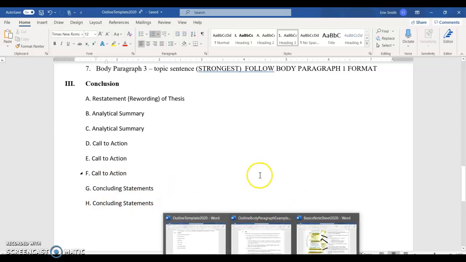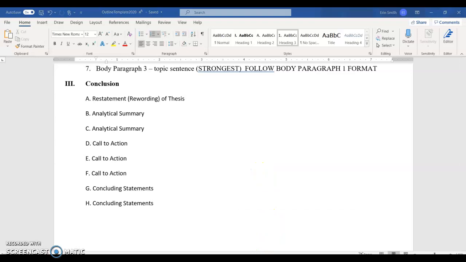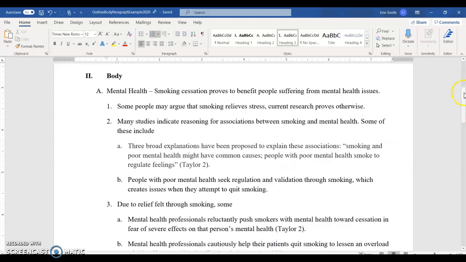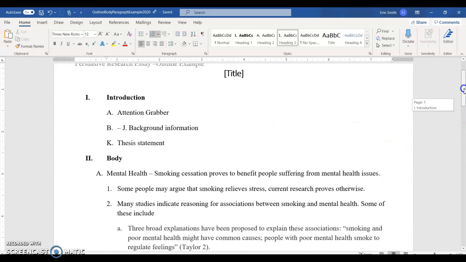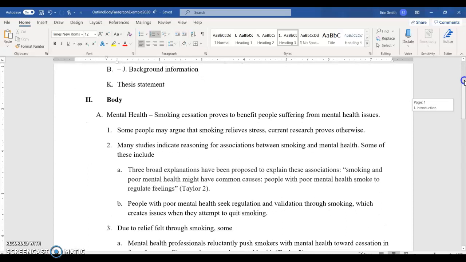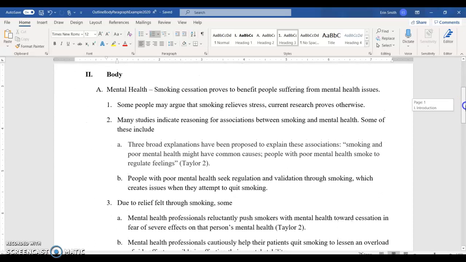So I will put this on Seesaw and my CMH. And I also did a sample body paragraph for you based on smoking cessation, my same topic. So you could just see what a body paragraph looks like. So I have my topic sentence, I have my counter argument, and then I'm going into my first piece of evidence.